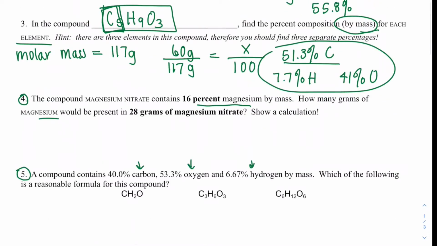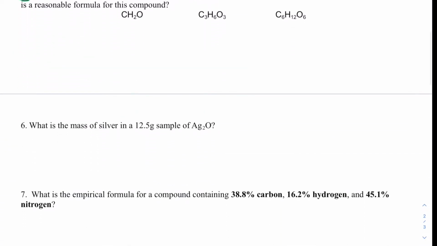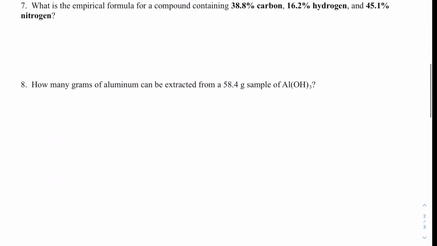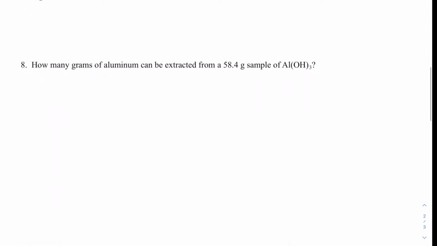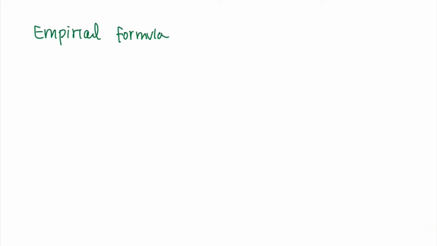All right, so that's all I'm going to show you problem-wise in your assignment, and you'll need to do the rest on your own. But before that, I want to give you a little bit of information on this word in number 7, and it'll also help you with number 5. In chemistry, you can have something called an empirical formula, and that is different than a molecular formula.